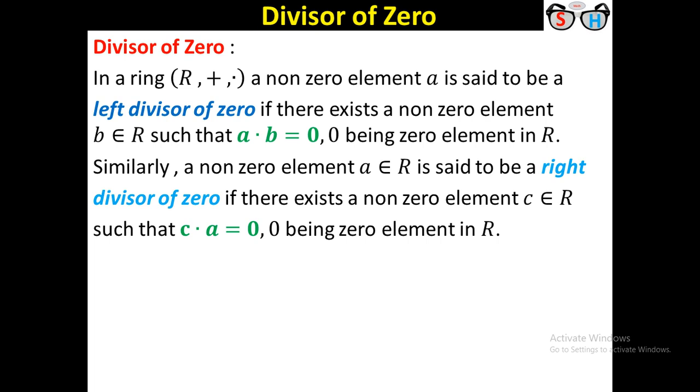Divisor of 0 means, you know, that if B divides A, then A will be B into something. A equals B into something. So here 0 equals A into something, so A is a divisor of 0, and similarly here 0 equals A into something. So A is a divisor of 0.